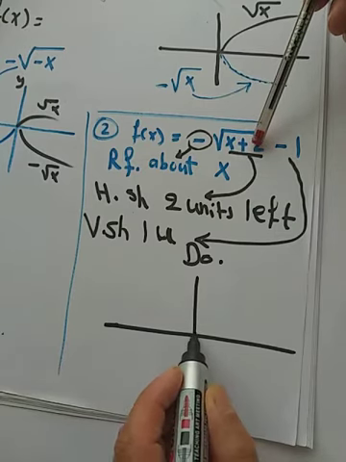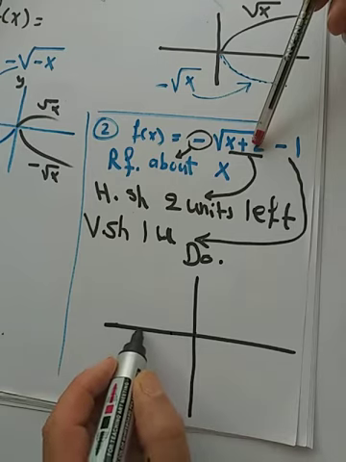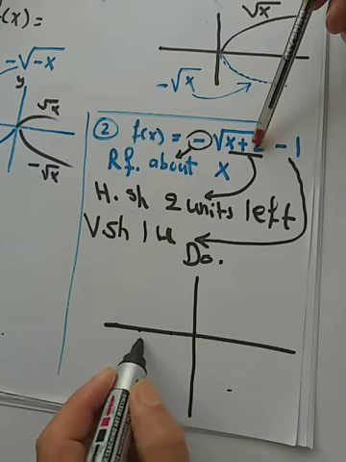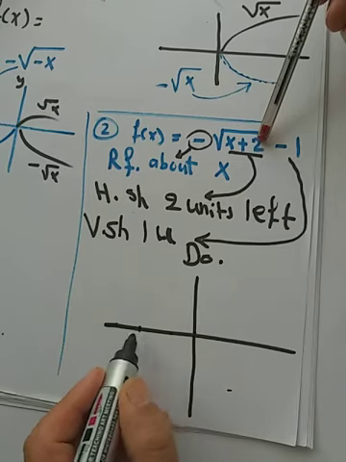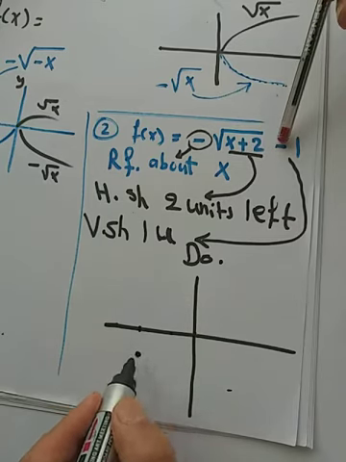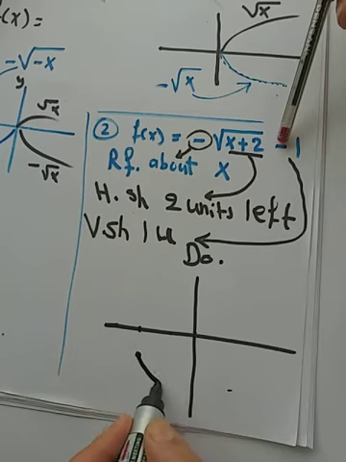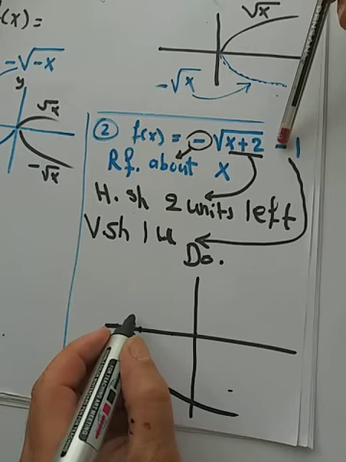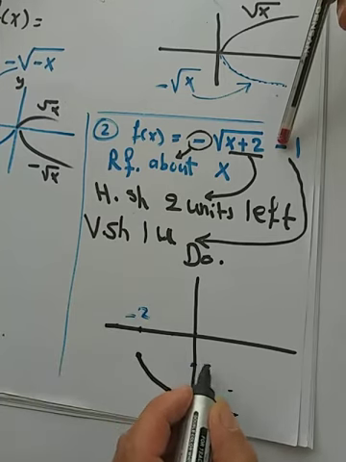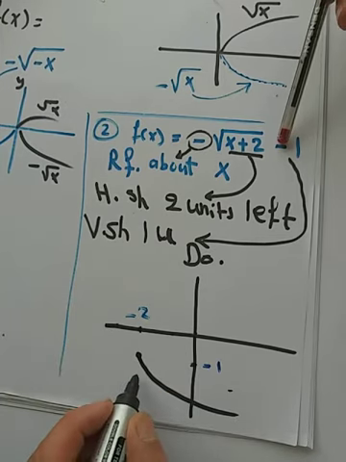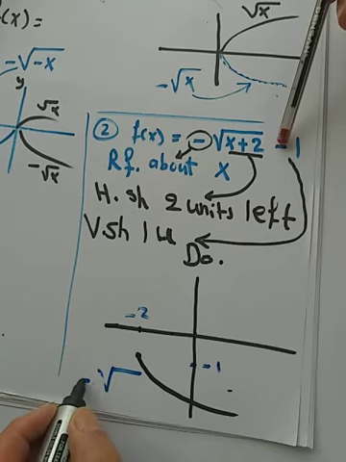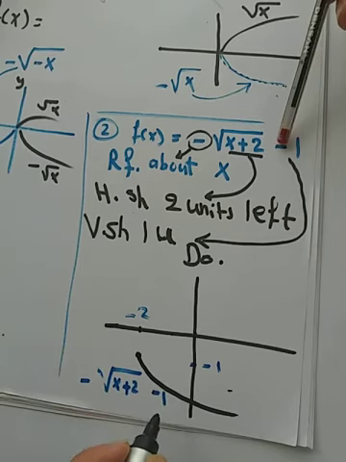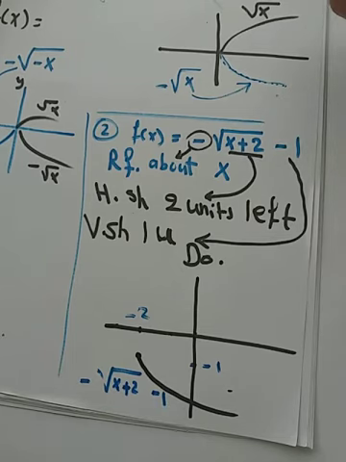Plus 2, the 2 is to the left, 1, 2. One unit down, minus 1. This is the graph of minus the square root of x plus 2, minus 1.